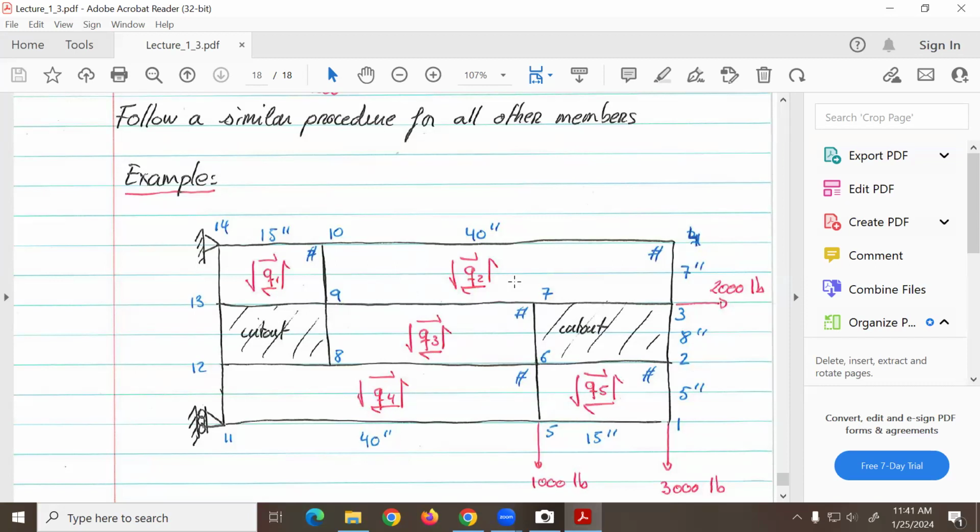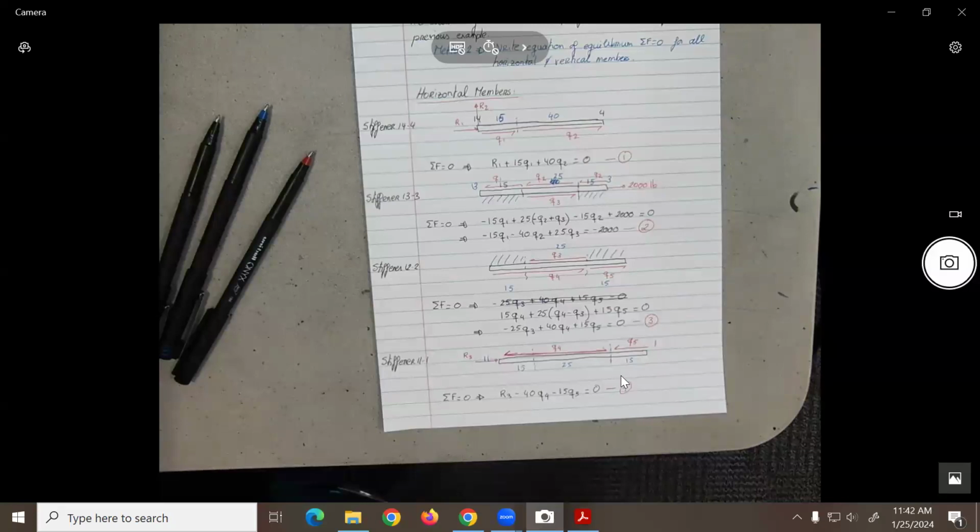Q1, Q2, Q3, Q4, Q5, R1, R2, R3. So that will be 5 plus 3, 8, no? So that means that we need 8 equations. All right, so far we have 4, halfway, no?